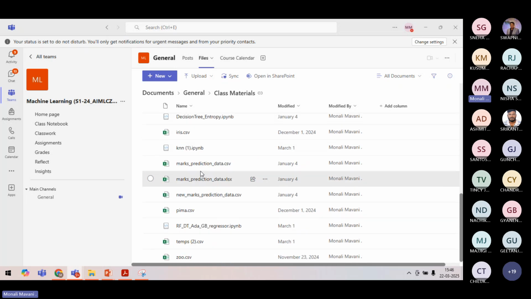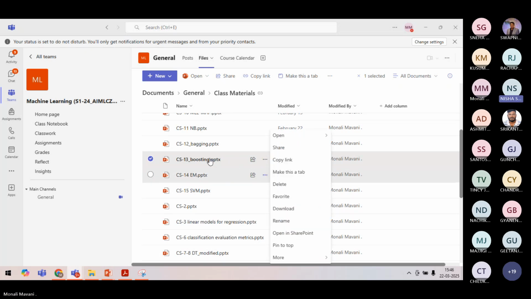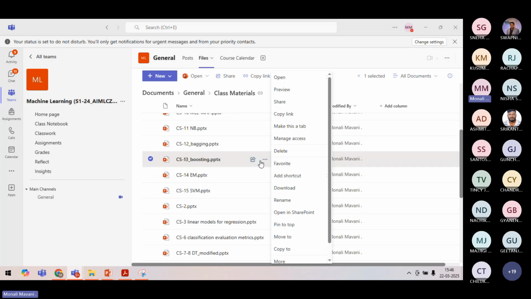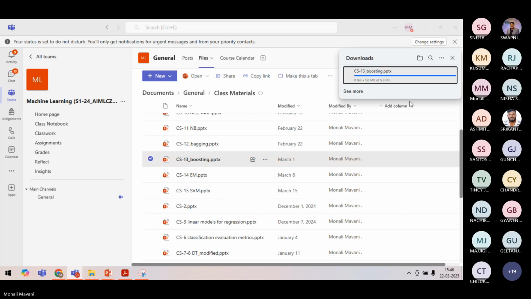It is available, okay, let me verify. How do I download? From those three dots. Here, yeah, okay, here it's coming.